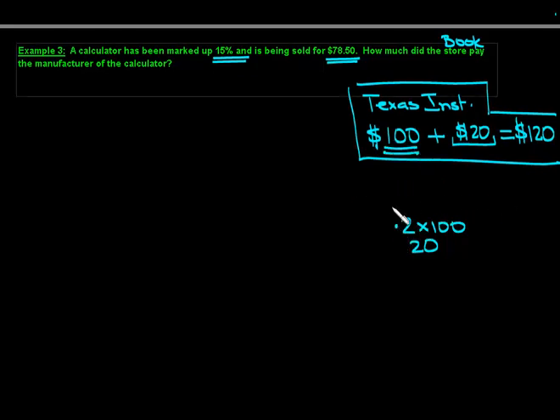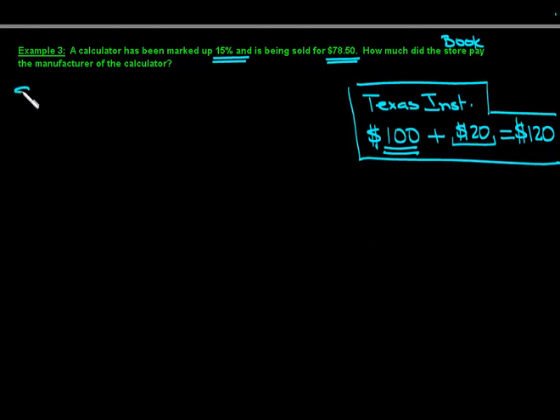So let's use this idea to do this problem. First of all, they've told us that the selling price of the calculator, I'll call it SP, is $78.50. That's given to us. The markup rate, I'll call that R, is 15%.